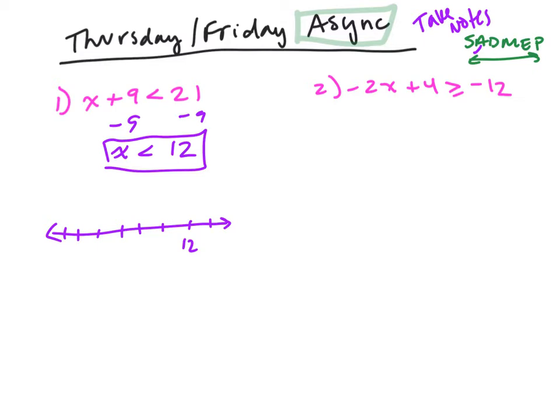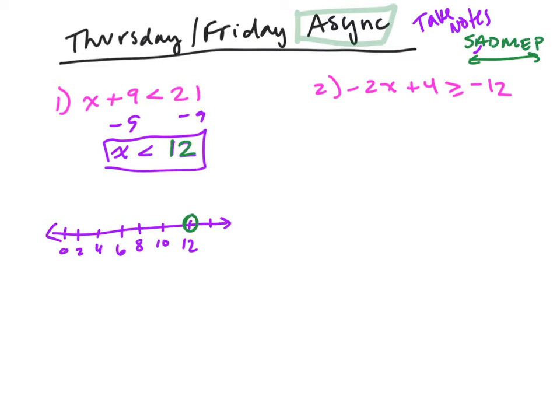So say this is 12, 10, let's go by 2s, 6, 4, 2, 0. My boundary point is the 12, so I'm going to put a dot at 12. It's an open dot because there's no equal to, and I'm choosing a number that's less than 12.